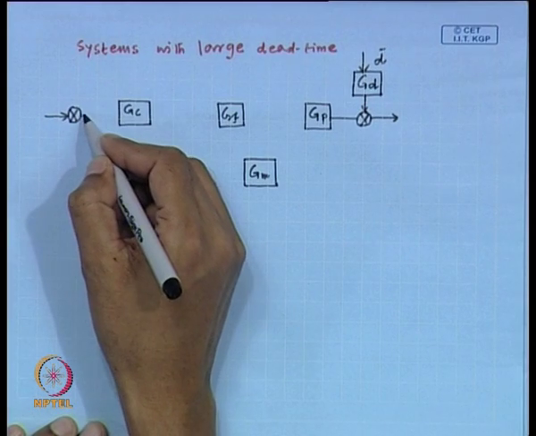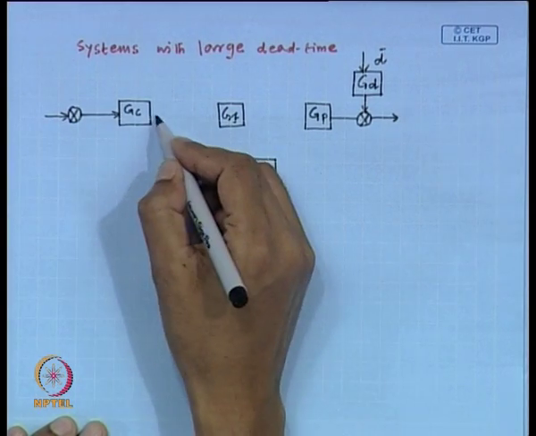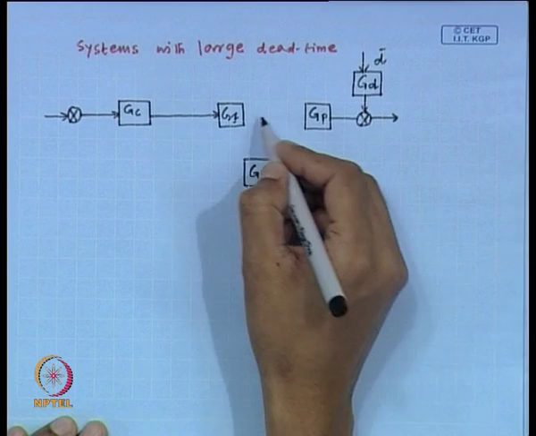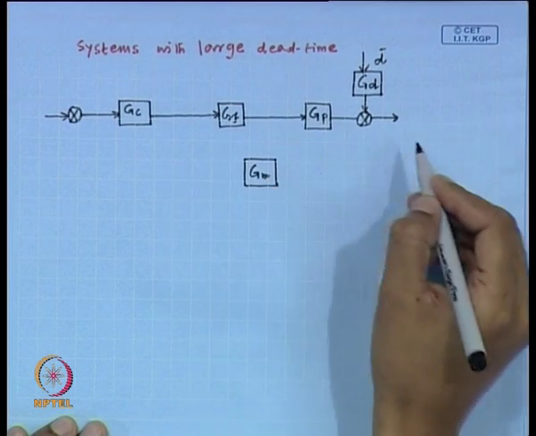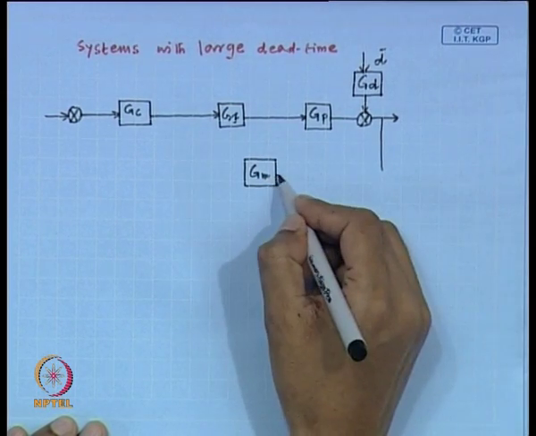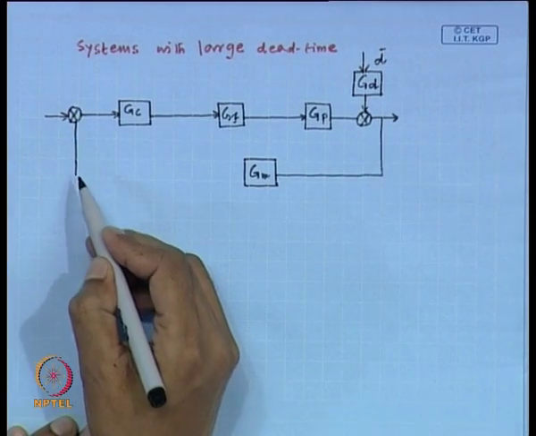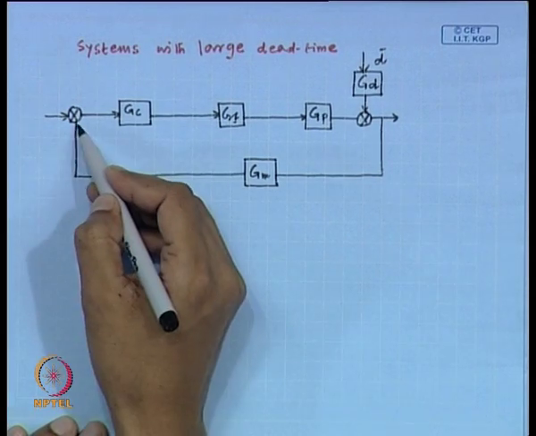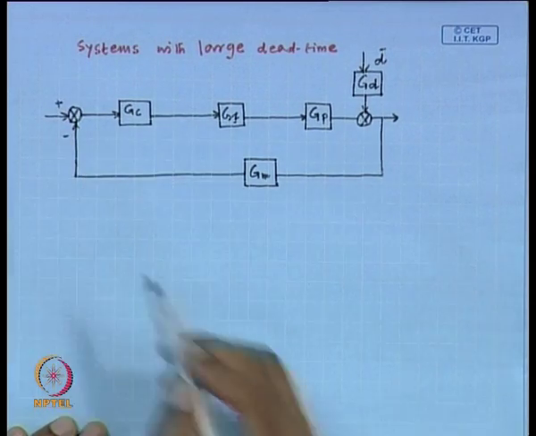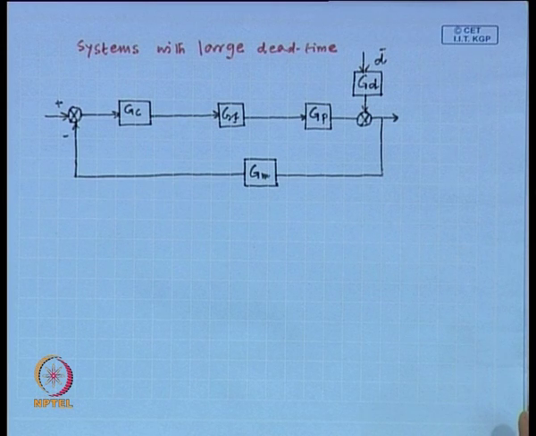So, if we connect all these elements, we obtain the closed loop block diagram. This is the closed loop block diagram.